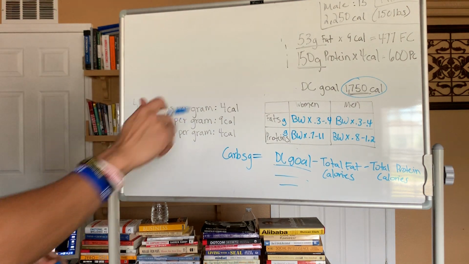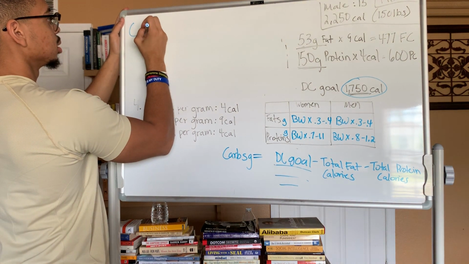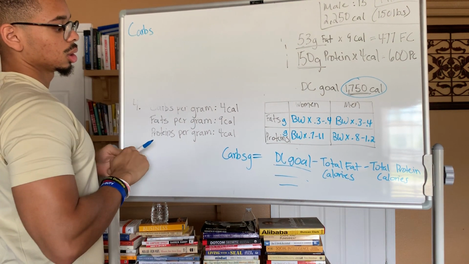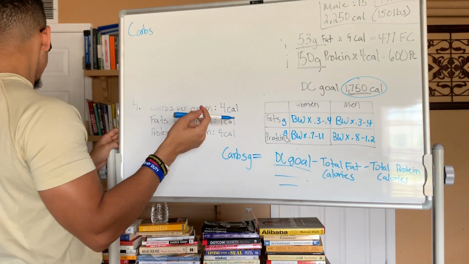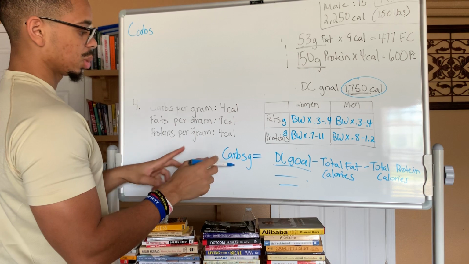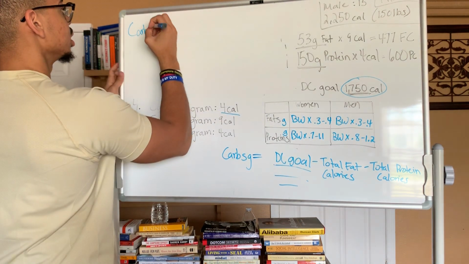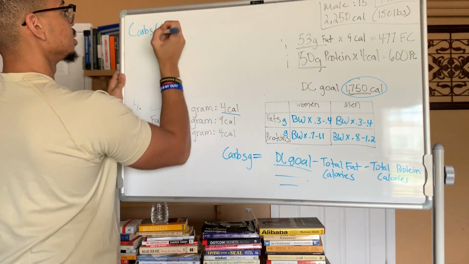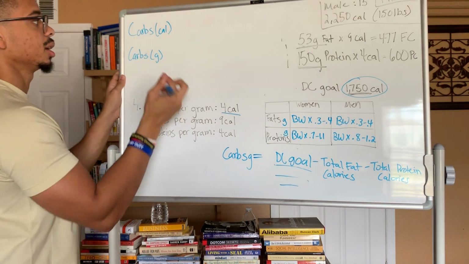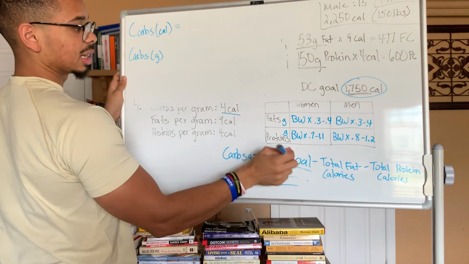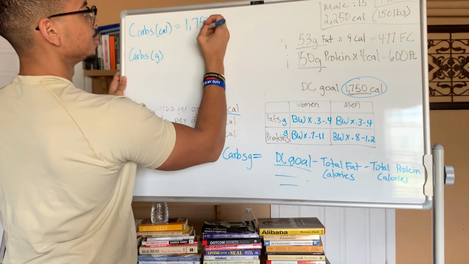Now, we got these numbers, so let's insert them. So carbs grams, that's what we're trying to get, but first carbs calories, and then once we get carbs calories, we can divide it by 4 calories. So carbs cal, and I'll put carbs grams down here so you guys know. We would subtract from the daily calorie goal, so 1750. What's your daily caloric goal?